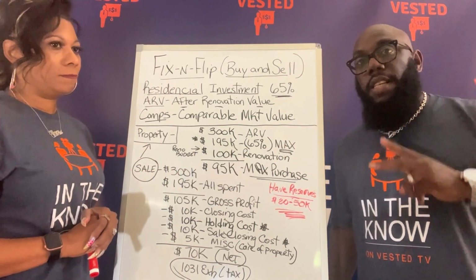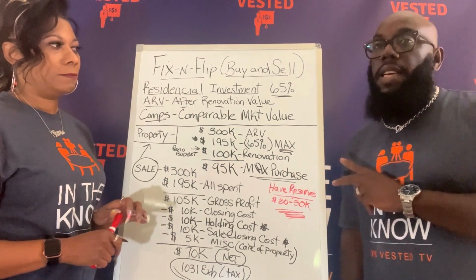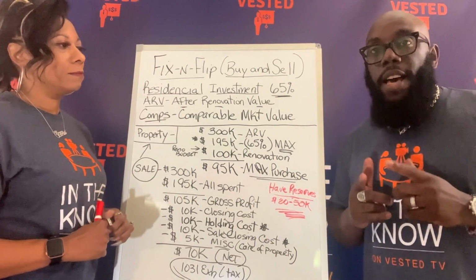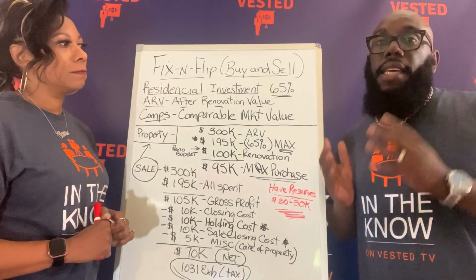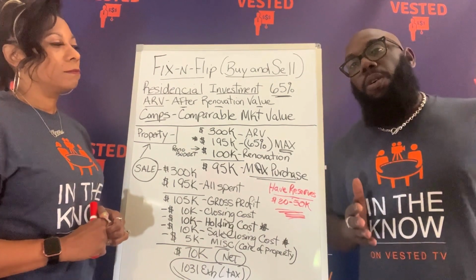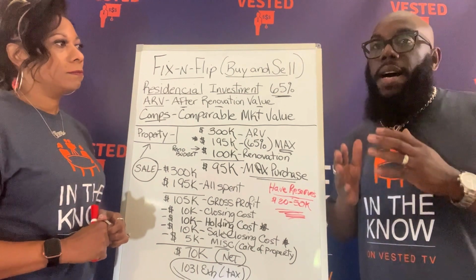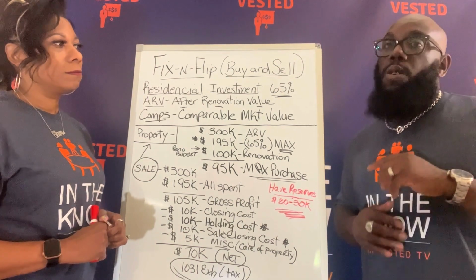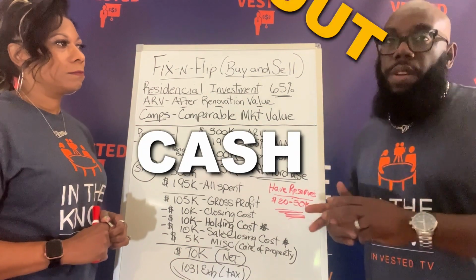The second reason 65% is pertinent, and we'll get into this on our next video when I talk about the BRRRR strategy for people who want to buy and keep their properties and build a portfolio and collect rent. 65 is important because when you get to the end of the renovation part, you're going to do what's called a cash out refinance.